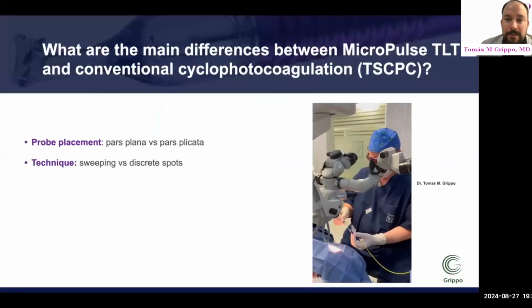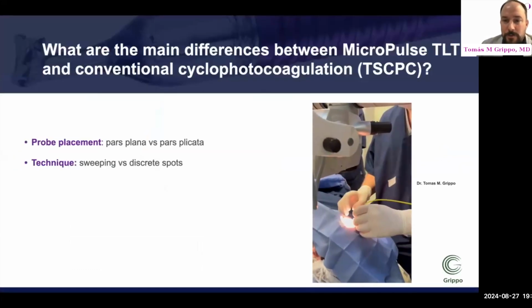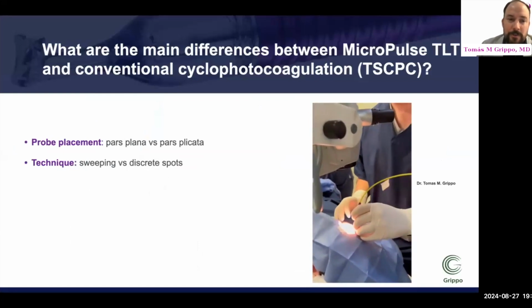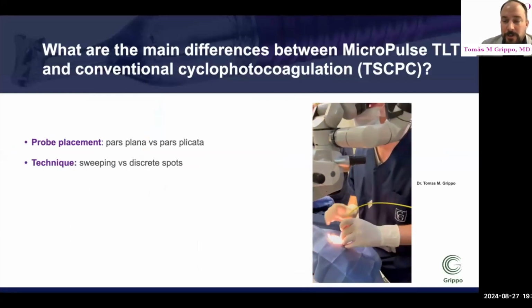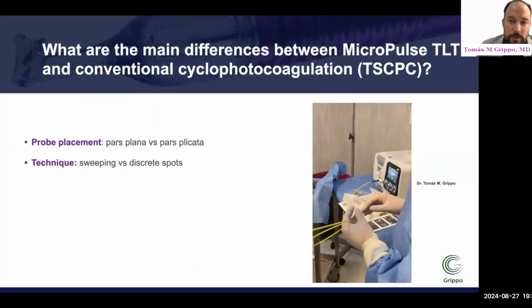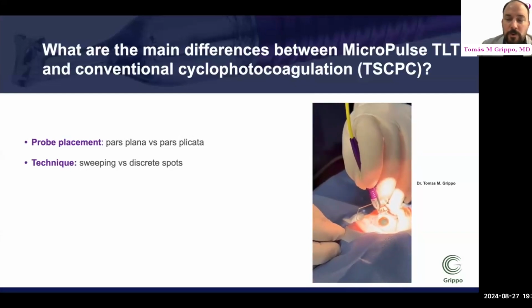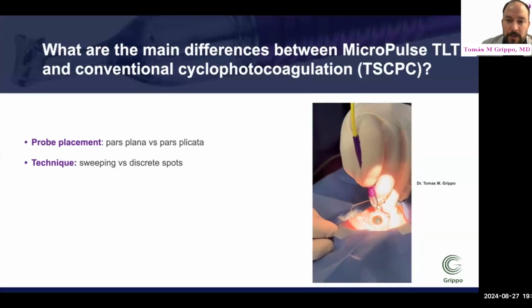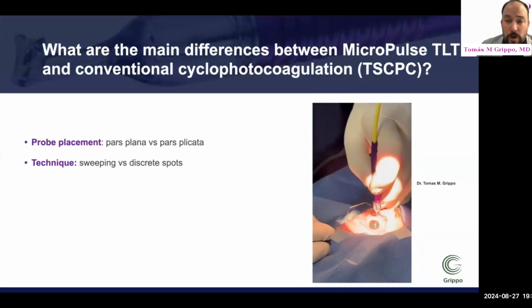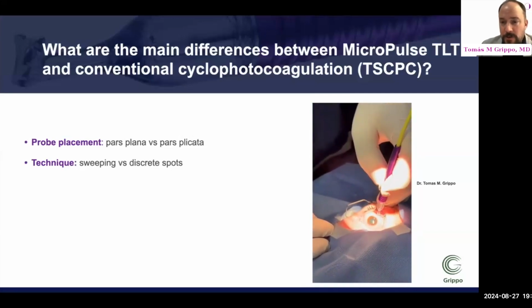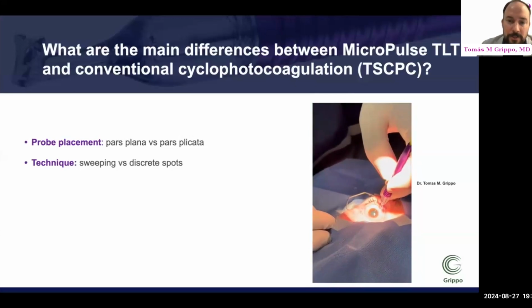The second is how we proceed when it comes to delivering the energy. With the traditional CPC, we do discrete spots, as we all know, and with MicroPulse, we do more of a sweeping motion. We can treat either quadrants, or as I'm doing here, we can treat hemispheres.